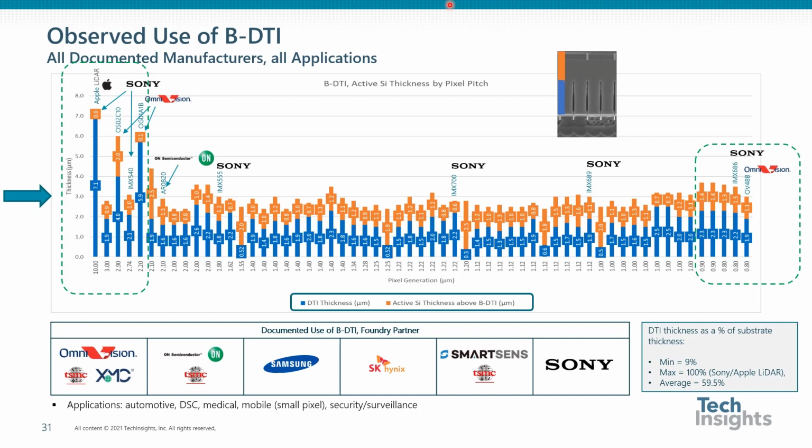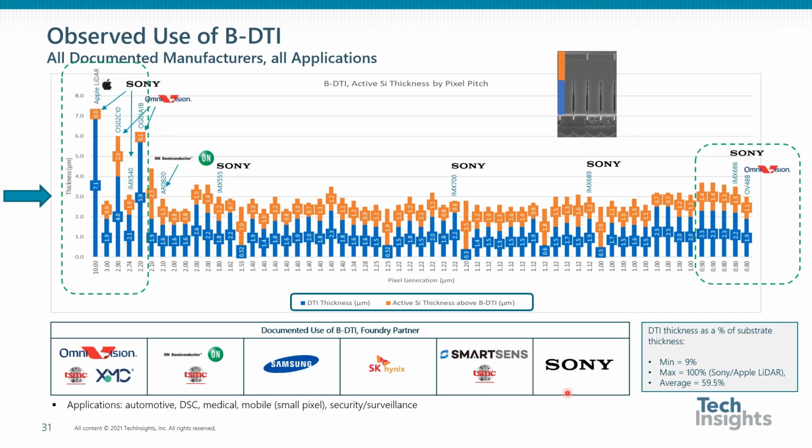That said, of course, we have observed some new sensors highlighted on the left-hand side over here, such as the Sony SPAD sensor and the Apple iPad Pro LiDAR, and that has a thickness of 7 microns, and it is a full back deep trench isolation. We've observed the same for the OmniVision A1B sensor for improved near-infrared performance. It is also a full back deep trench isolation.